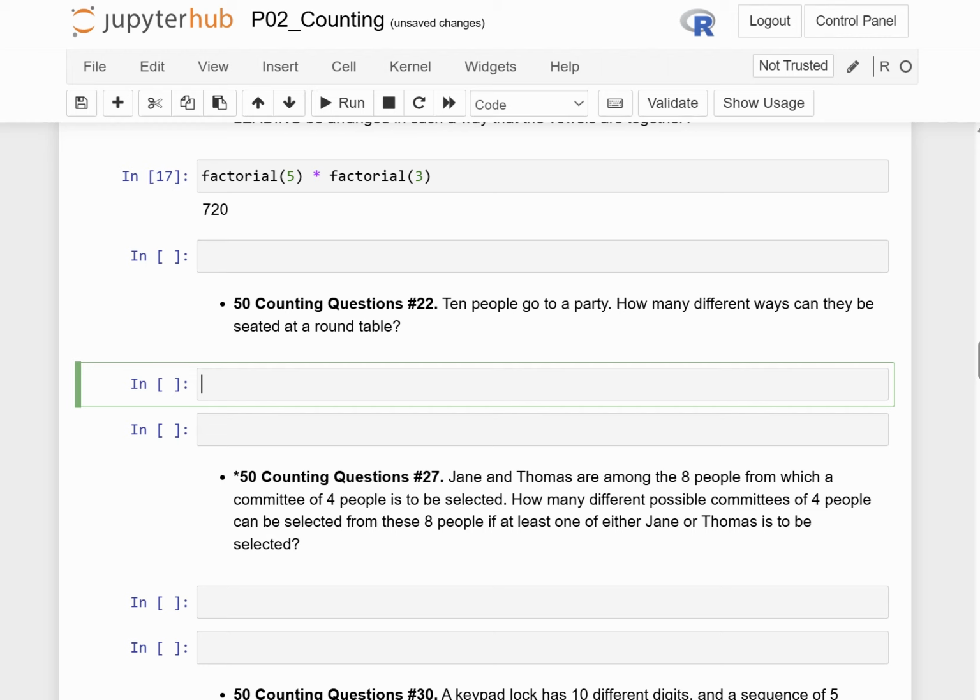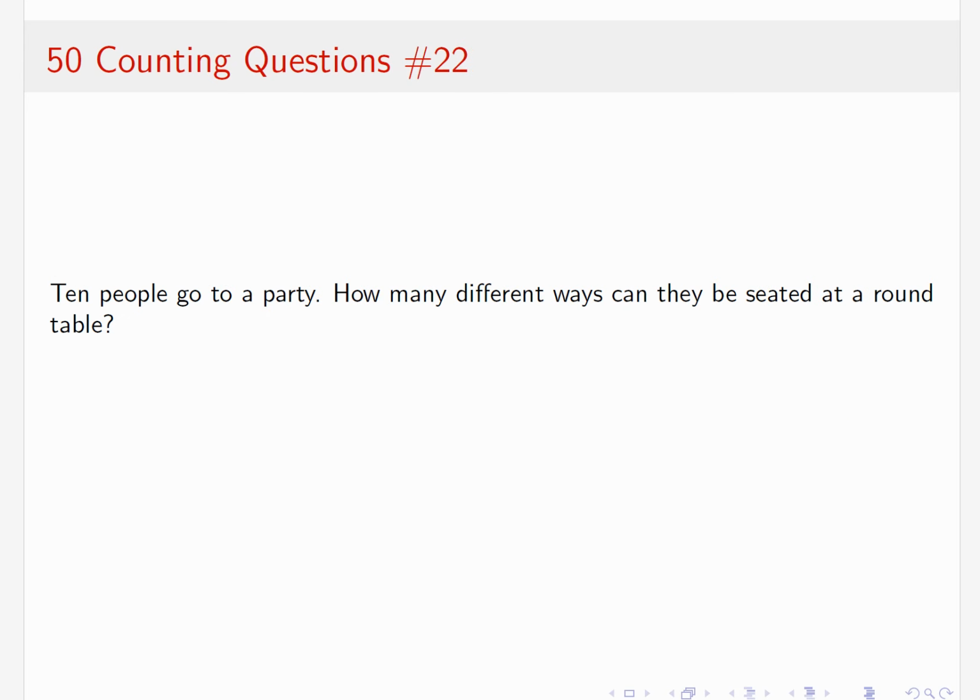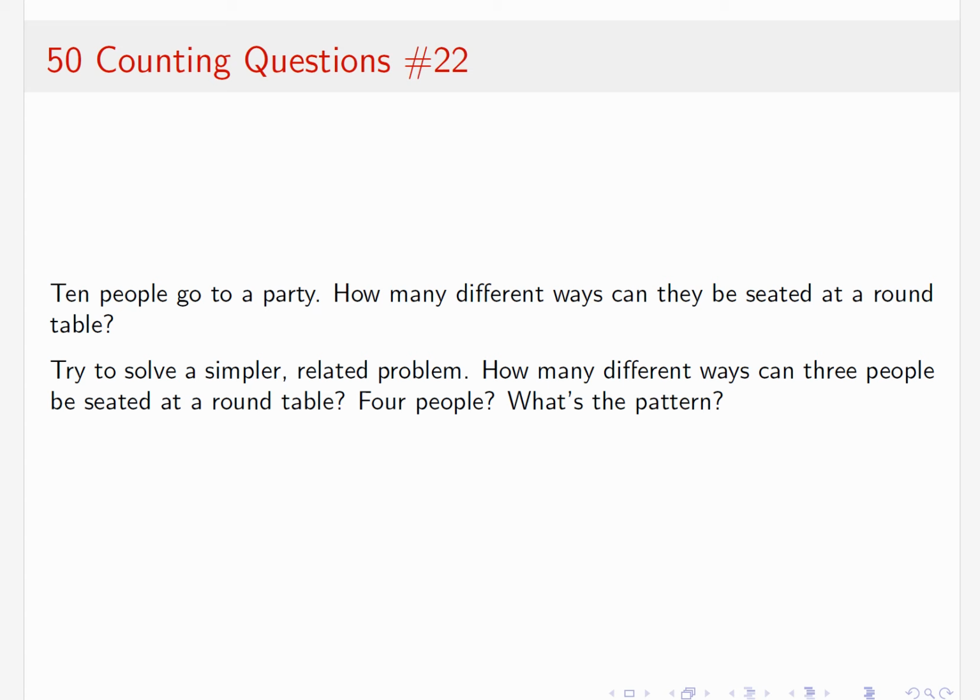10 people go to a party, and how many different ways can they be seated at a round table? Well, again, like we did with the handshake problem, think about this. Let's say with 4 people, think of a clock face, they're seated at 12, at 3, at 6, and 9.